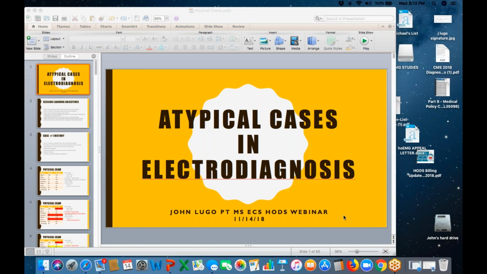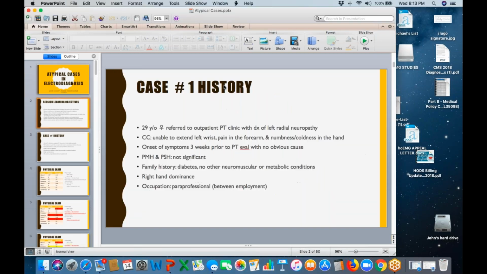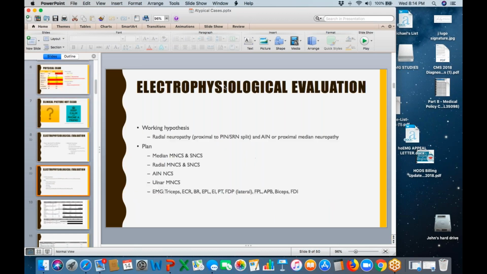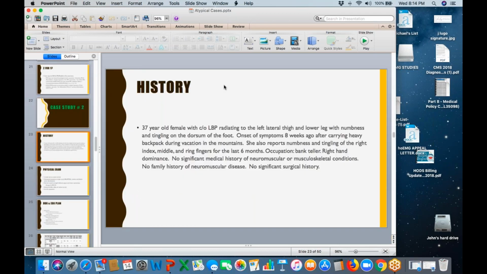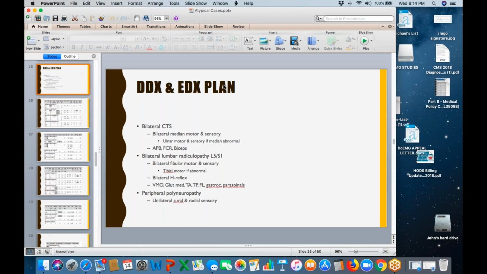Because I would have tested a lot more nerves. Which case? The polyneuropathy case, the mononeuritis. Okay, let's go back to the slide. Can you see the screen as I'm going through? I sure can. Okay.